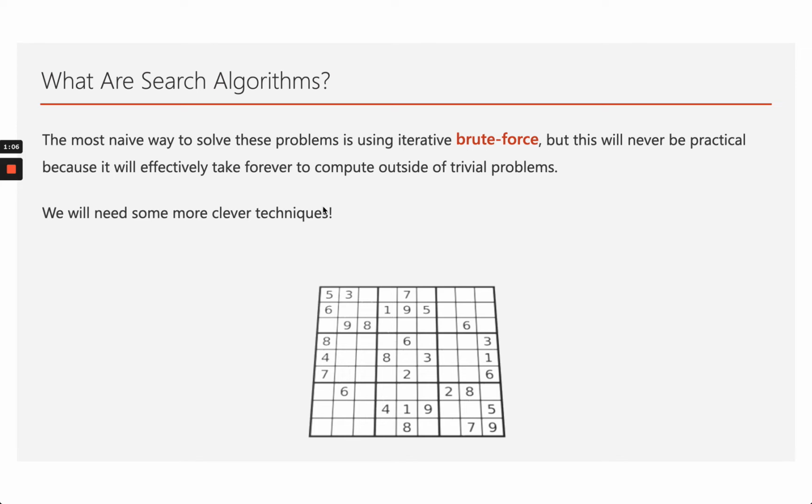Doing random brute force is effectively going to take forever. So we're going to need some more clever techniques to get around this and to find shortcuts that bring us closer to the solution.